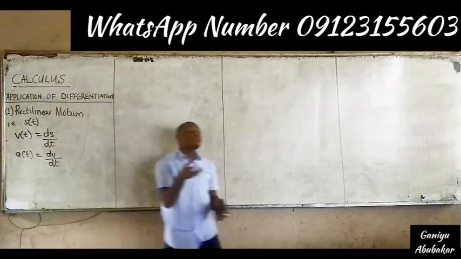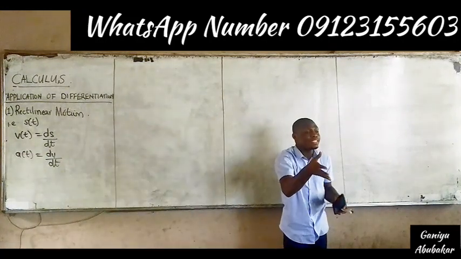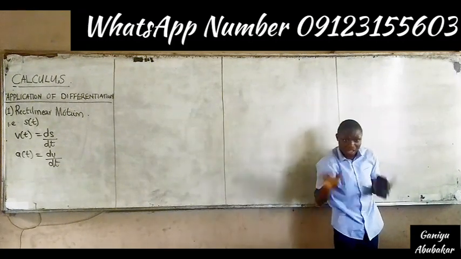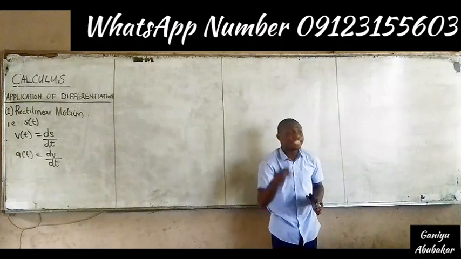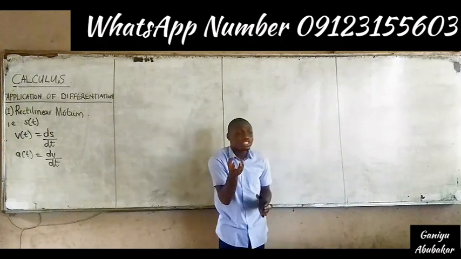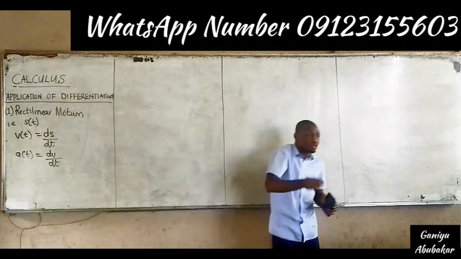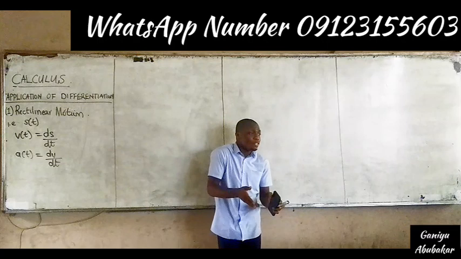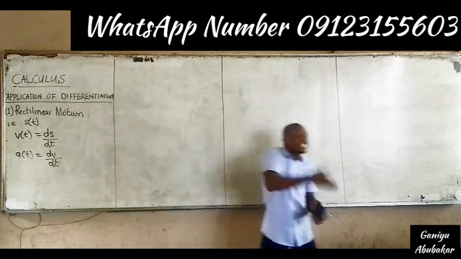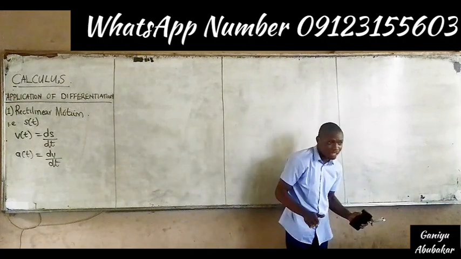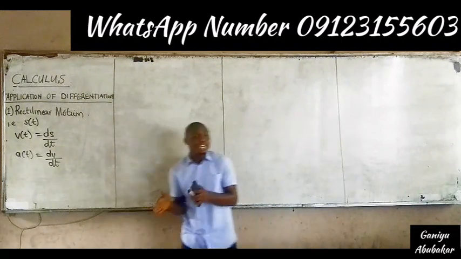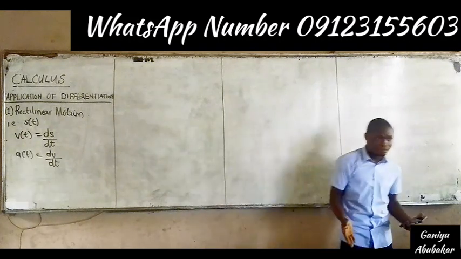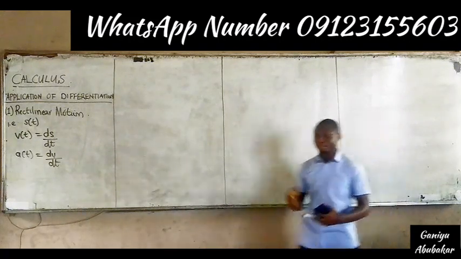Whenever you hear the word rate of change, it simply means a parameter is changing with respect to time. If I say rate of change of velocity, it simply means velocity is changing with respect to time. That's the concept.